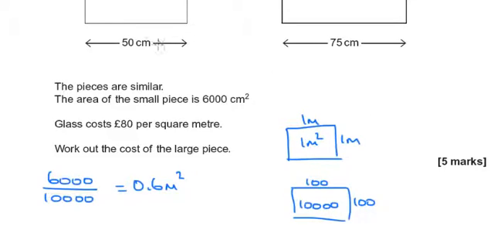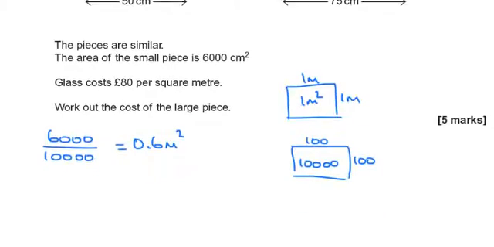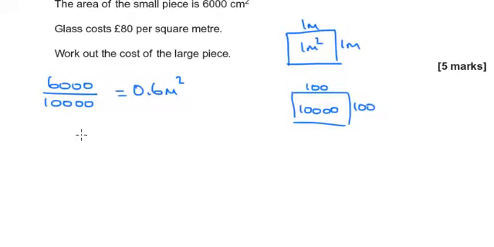Next thing we need to remember is that if we have shapes that are similar, then we know the ratio of their lengths, which we do here, it's 50 to 75, which if we divide by 25, we get 2 to 3.